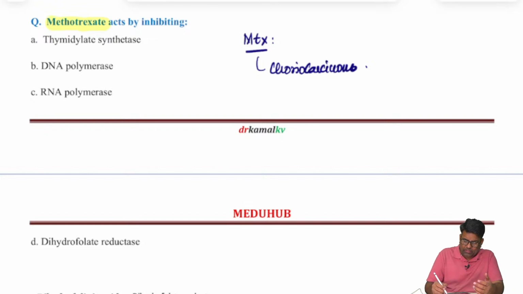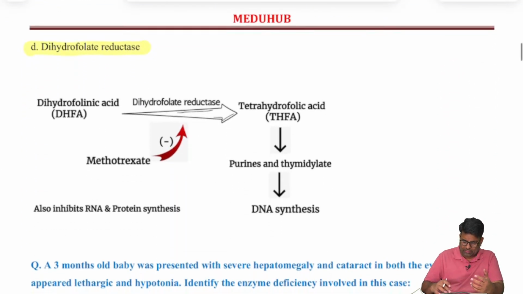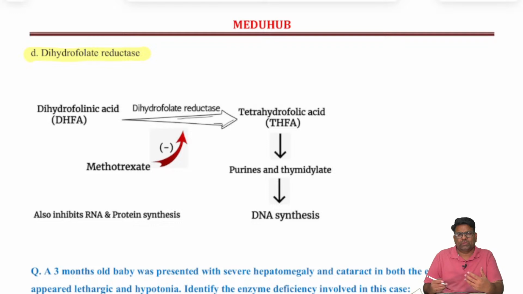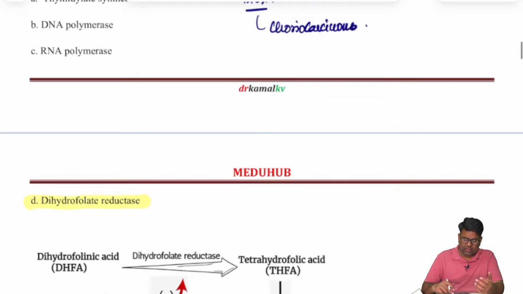Now, what is the mechanism of action? It inhibits one enzyme, that is dihydrofolate reductase. Therefore, it hampers the synthesis of DNA. So this is the mechanism of methotrexate.